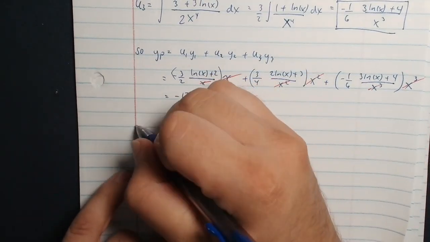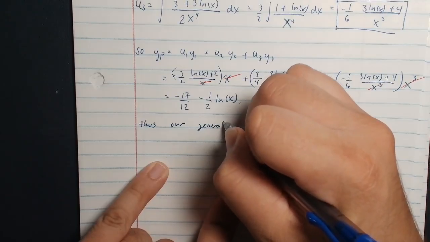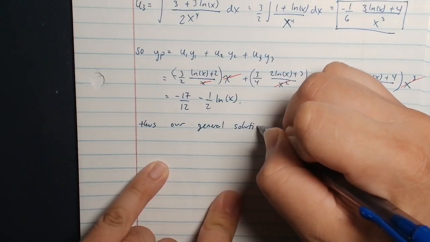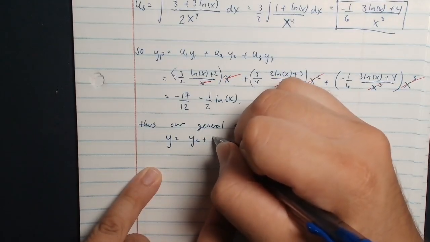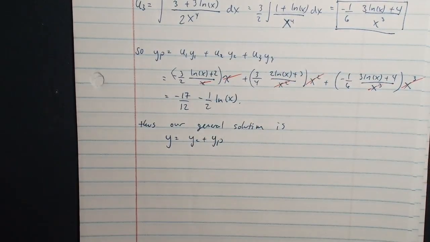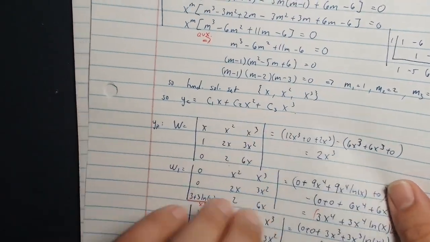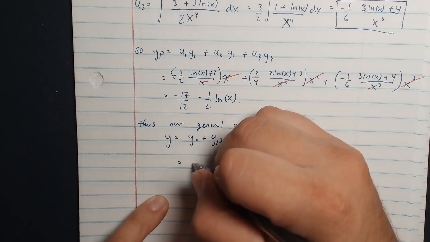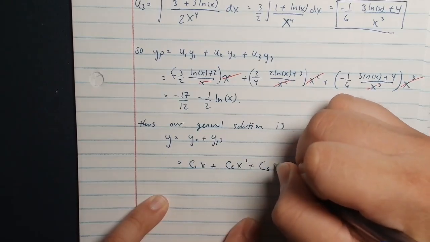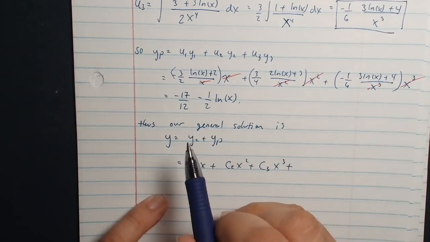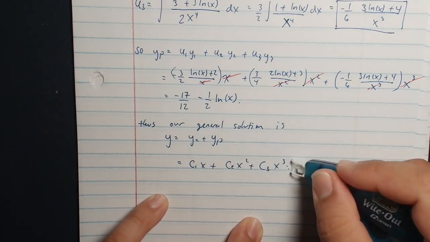So in the end, our general solution is y equals y sub c plus y sub p, where our y sub c was found early on to be c1 x plus c2 x squared plus c3 x cubed. Plus our particular solution, which since that's a minus, I'll just write minus there.